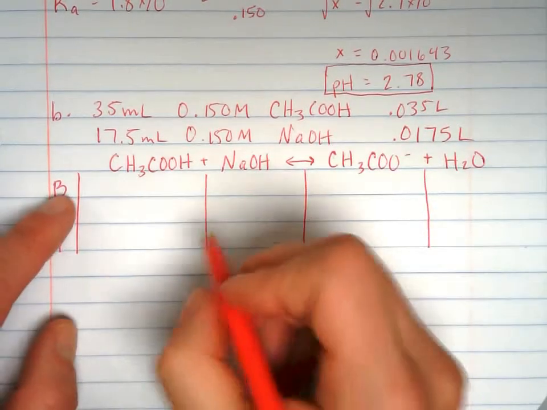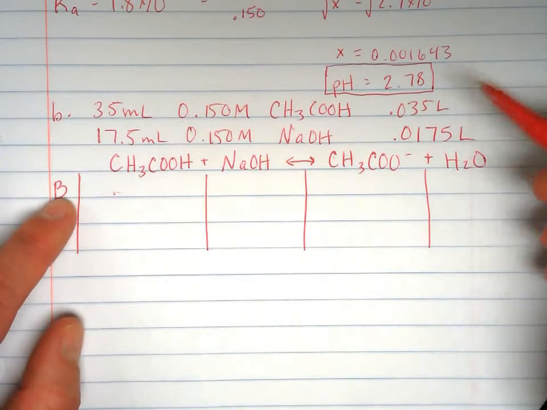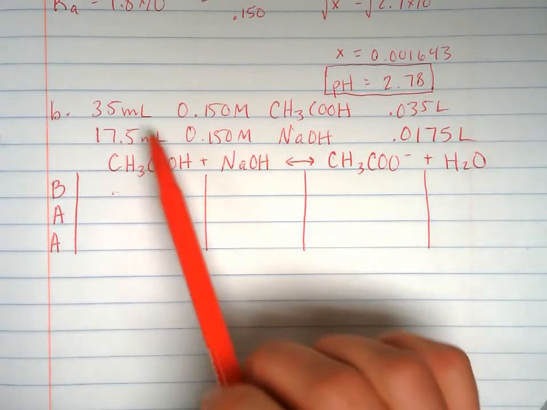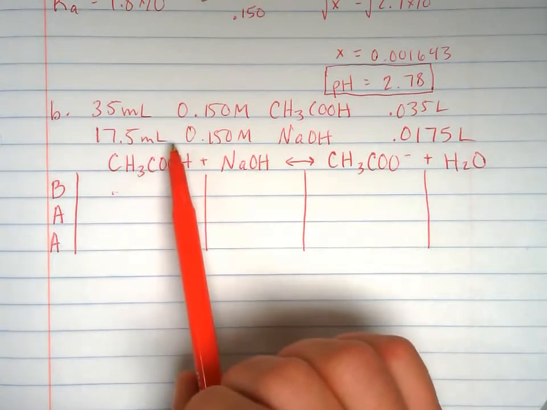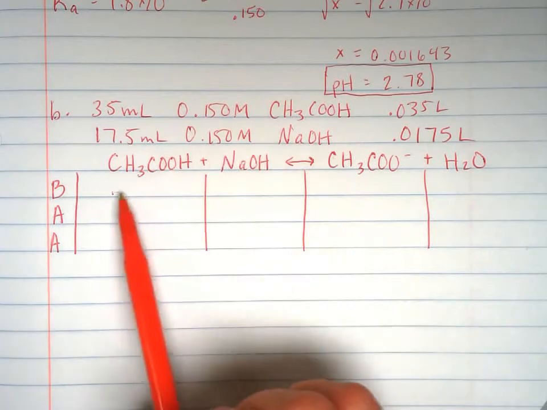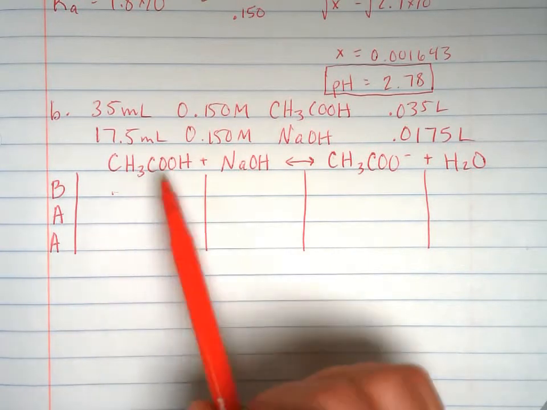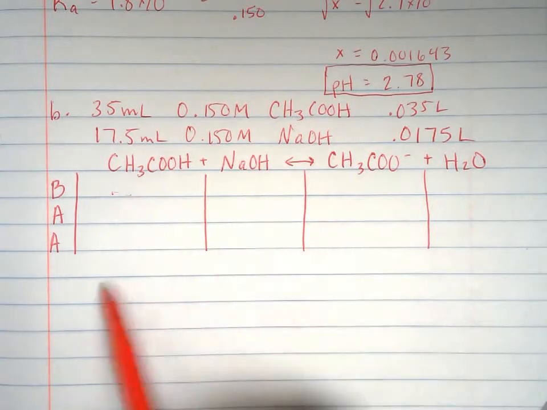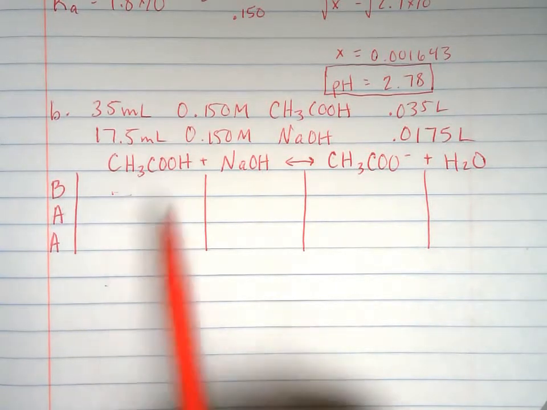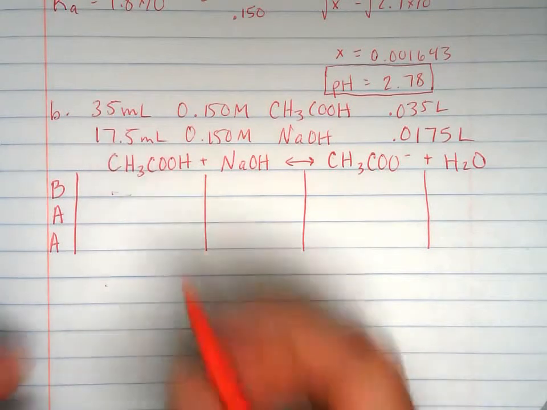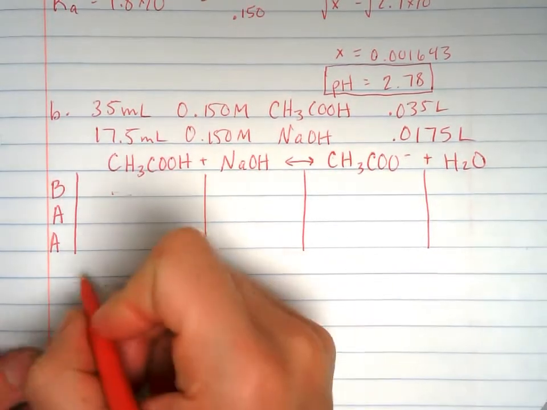So this time, because we have different volumes of what we're adding, we actually need to solve for the moles first before plugging it into the table. And after we plug everything into the table, then we're going to solve for molarity by figuring out the total volume. So let's go ahead and do our math down here.